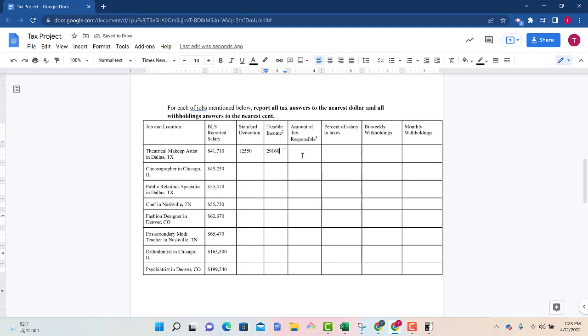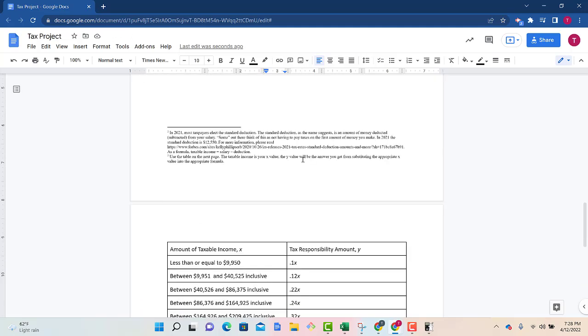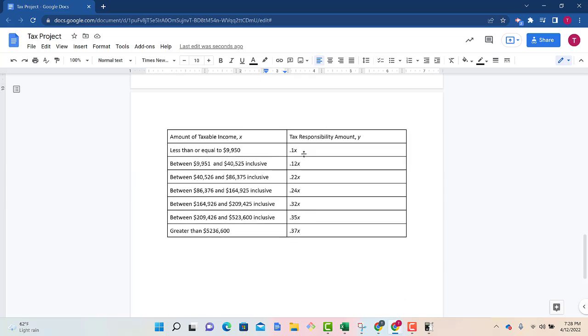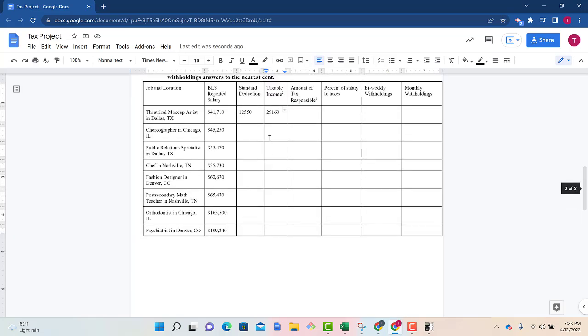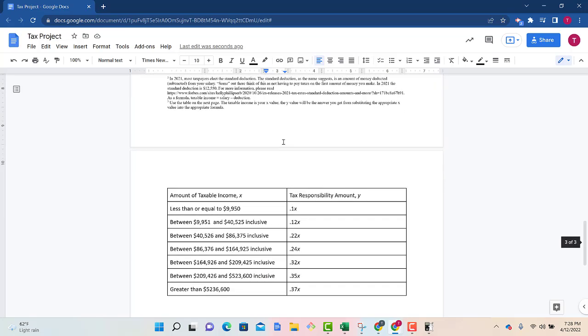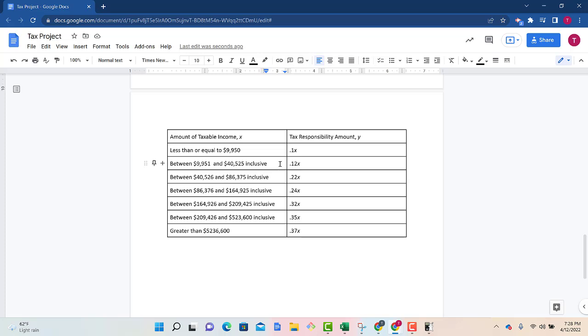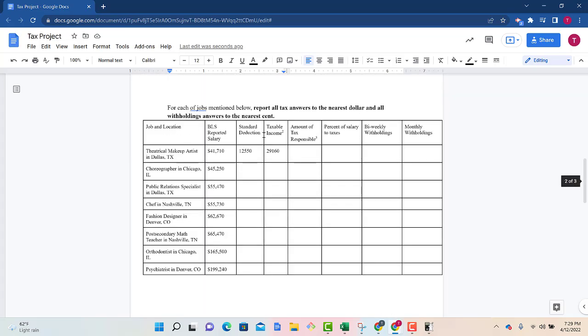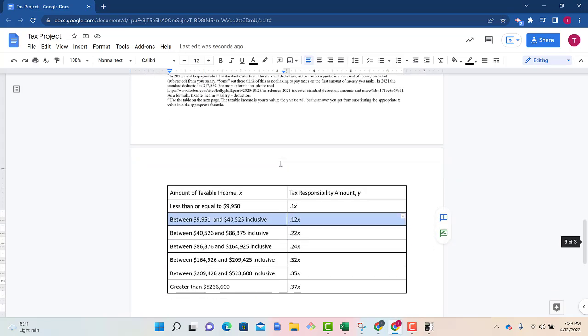The amount of tax responsible. So we've got our handy table down here. It tells you the different ranges. So in this case, obviously, $29,160. That is going to fall in this tax bracket. So we're going to be paying 12% tax. So you're going to multiply the X value, which I've already forgotten what it is, 29,160.